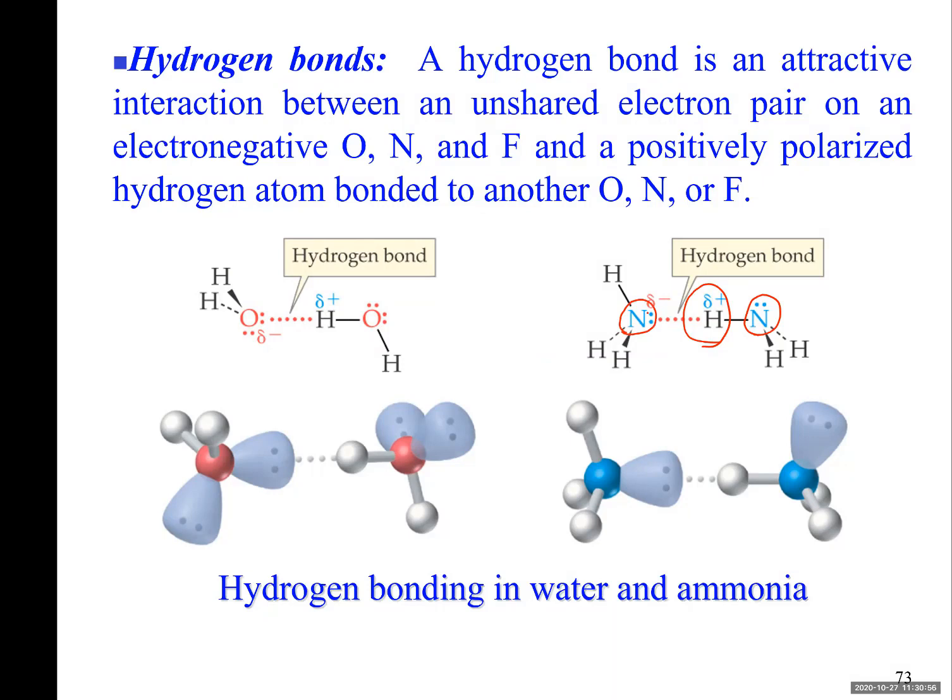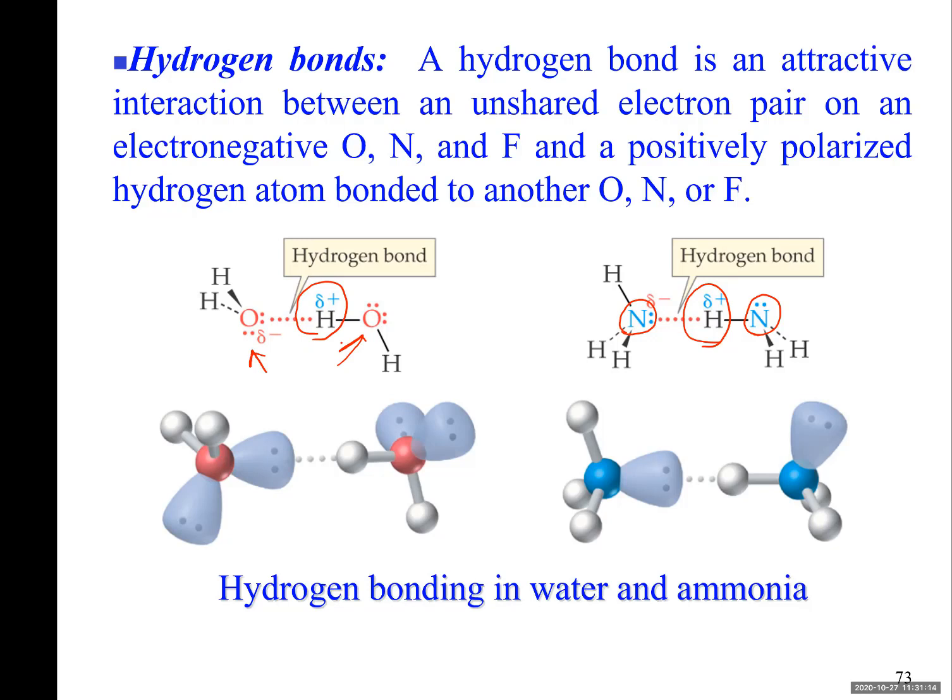It is a special case of dipole-dipole. We call it hydrogen bonding. Look at here. Hydrogen is bridging between two electronegative atoms of oxygen. Hydrogen bonding. So hydrogen bonding is a special case of dipole-dipole.